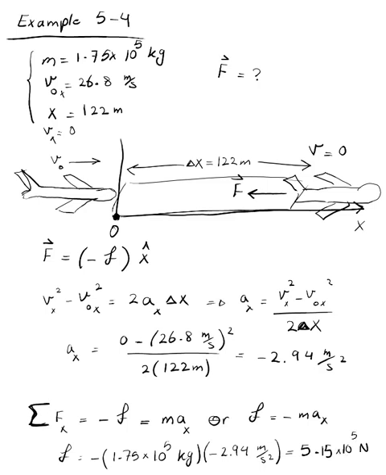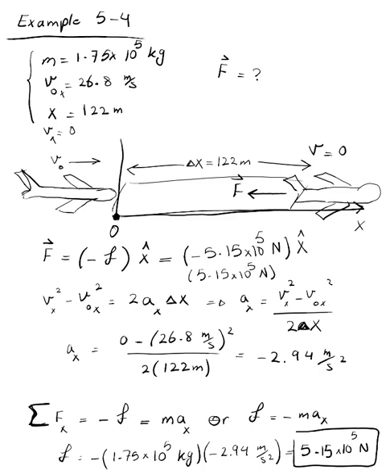So this is the magnitude of force, but the direction is in negative x direction, so I can write this as negative 5.15 times 10 to the power of 5 newtons x hat. Or you can write it as 5.15 times 10 to the power of 5 newtons in negative x hat direction. So these are both equal.